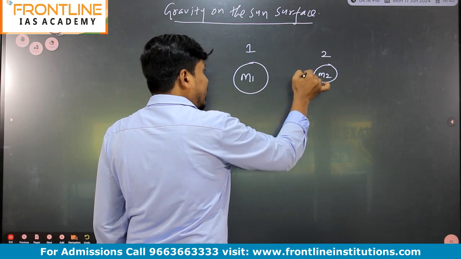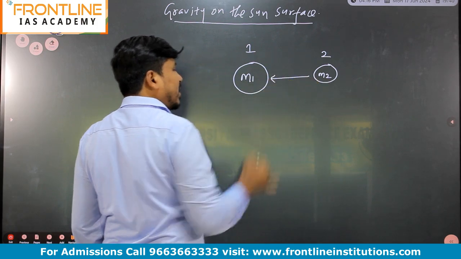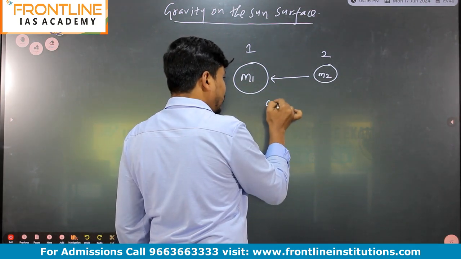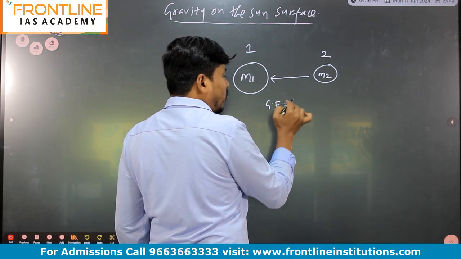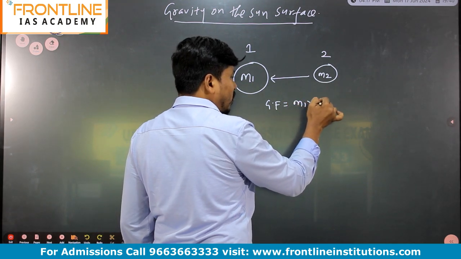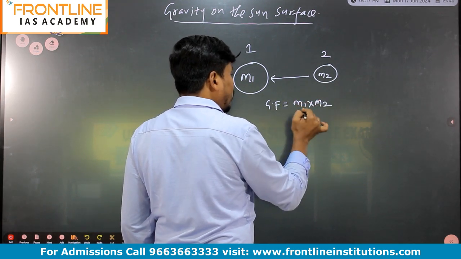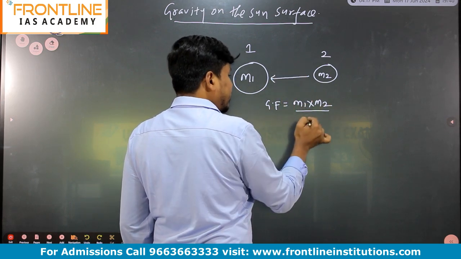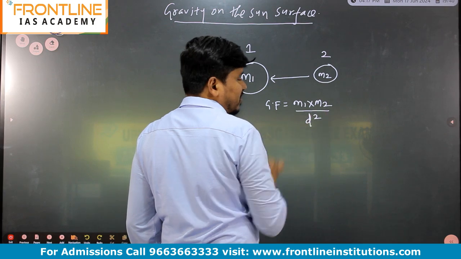So m1 attracts m2 with a force that we call gravitational force, and the gravitational force is equal to the product of the masses m1 and m2 divided by the square of the distance between them.